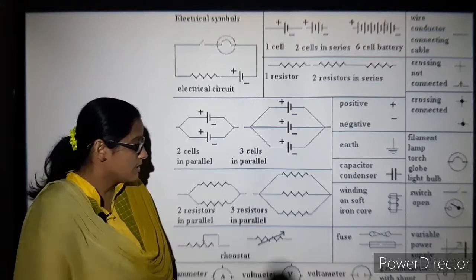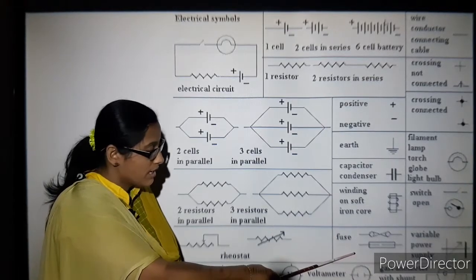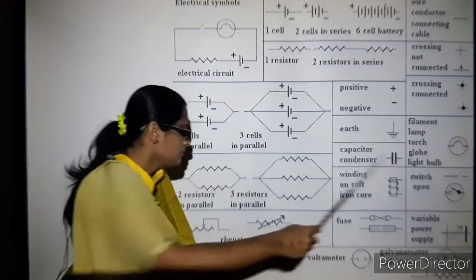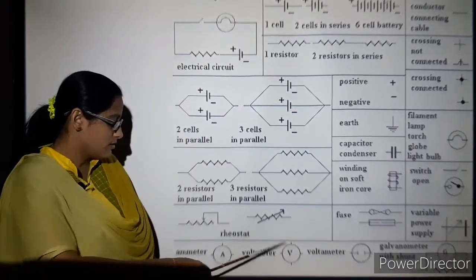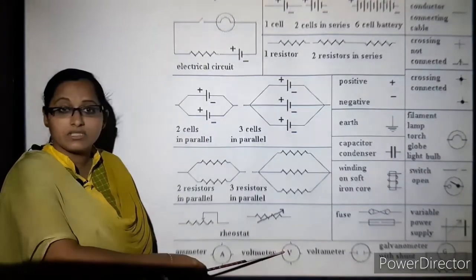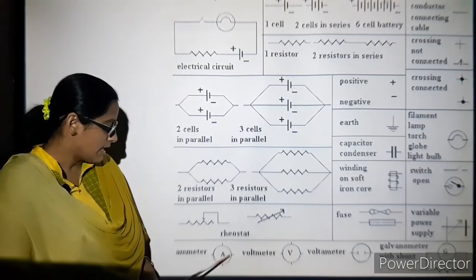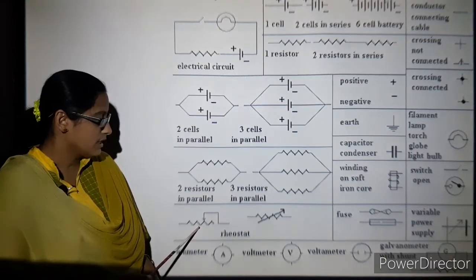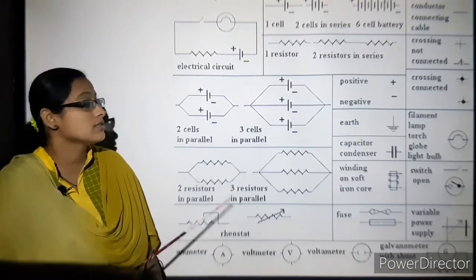You can see that a fuse is represented by this diagram. Galvanometer with a shunt is shown here. Voltmeter, as explained before, is represented as V, ammeter as A. And rheostat, you can see that it is a connection that is variable in resistance.